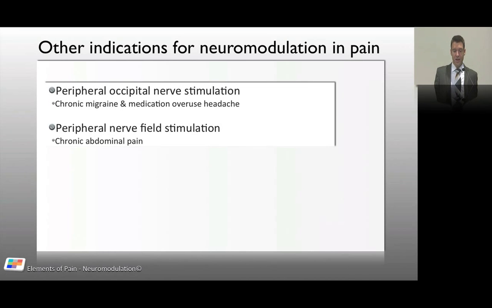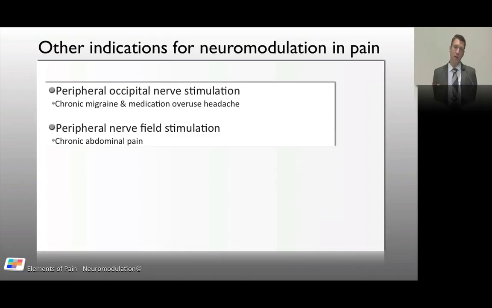I just wanted to mention other indications for neuromodulation in pain, and these are now being put in peripherally, so we're stimulating peripheral nerves with stimulators. So this is not spinal cord stimulation, this is peripheral nerve stimulation, and the key one out there, with a number of papers coming out, is occipital nerve stimulation, particularly for chronic migraine and medication overuse headaches.